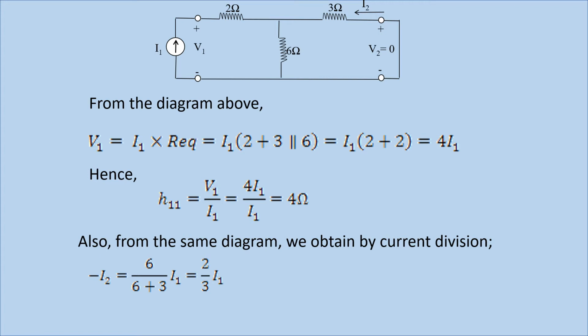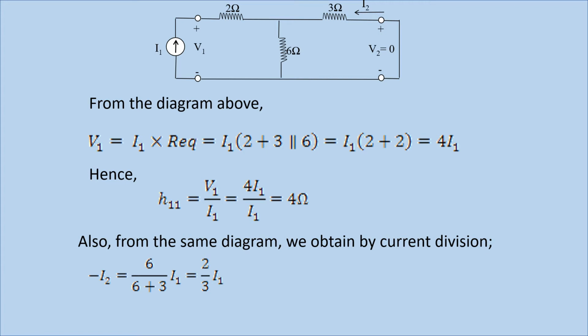Also, going by the current divider principle, to calculate our I2, note I2 is a small portion of I1 flowing in the 3 ohm resistor. Another part of the current I1 is flowing in the 6 ohm resistor, and that's why we are using the current divider principle, because I1 splits into two.